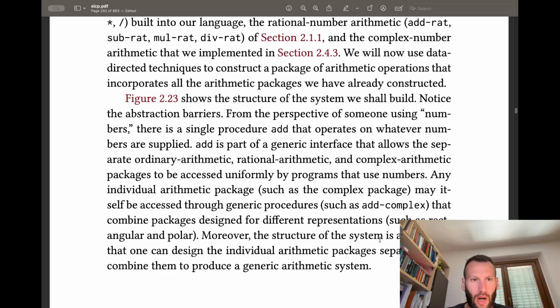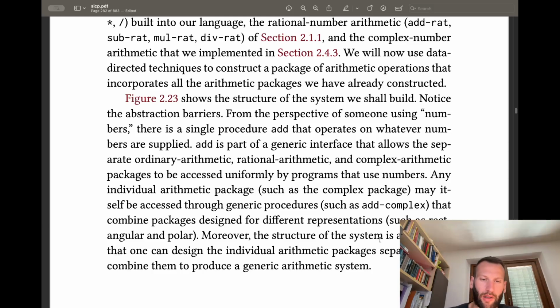Notice the abstraction barriers. From the perspective of someone using numbers, there is a single procedure add that operates on whatever numbers are supplied. Add is part of a generic interface that allows the separate ordinary arithmetic, rational arithmetic, and complex arithmetic packages to be accessed uniformly by programs that use numbers.